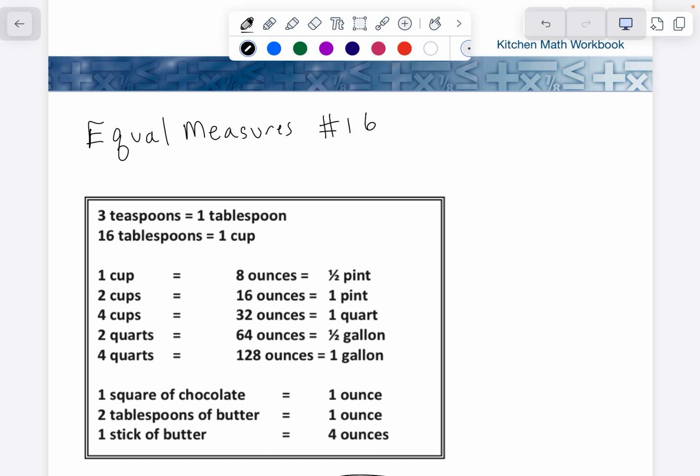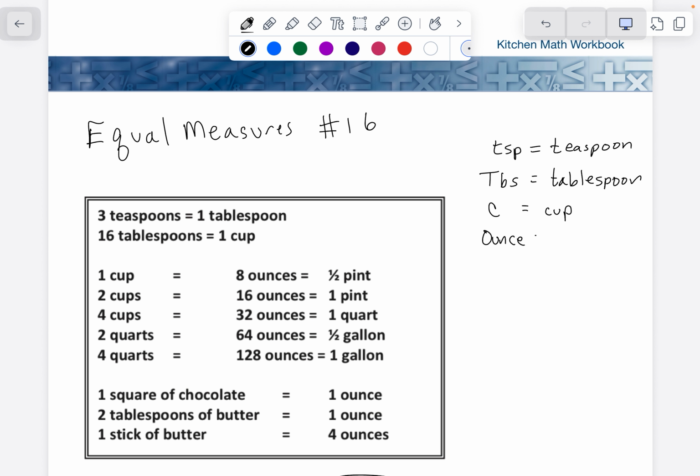Once you have that copied down, feel free to use the abbreviations. A teaspoon is TSP. A tablespoon is usually capitalized TBS. A cup is just usually a capital C. An ounce, feel free to abbreviate that OZ.